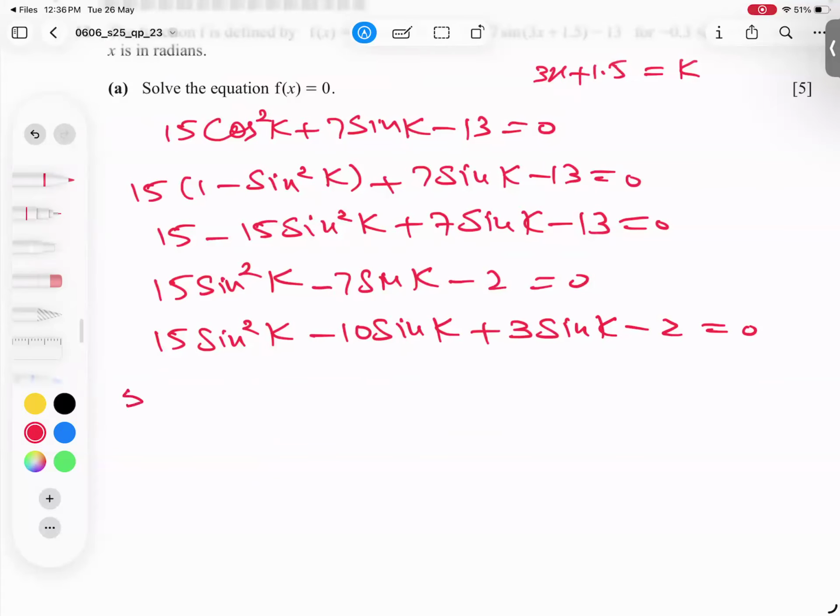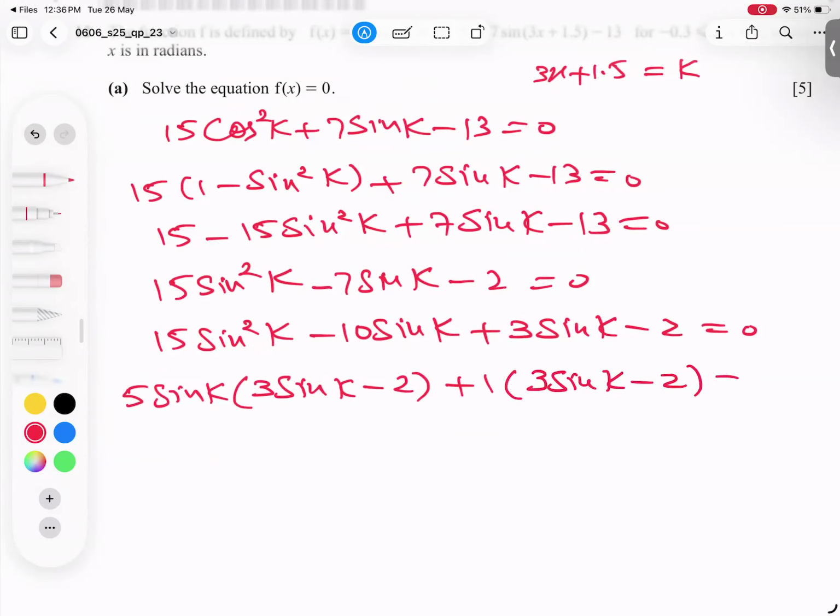Now from here, 5 common and sine common: 5 threes and 5 twos. I hope this part is nothing hard, or you can apply the quadratic formula even if you want.